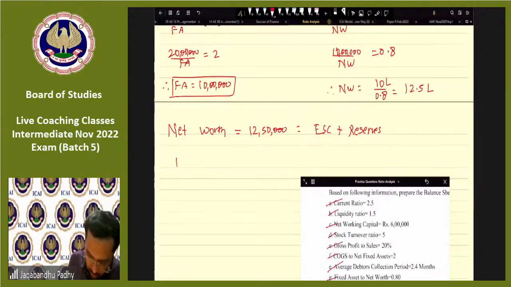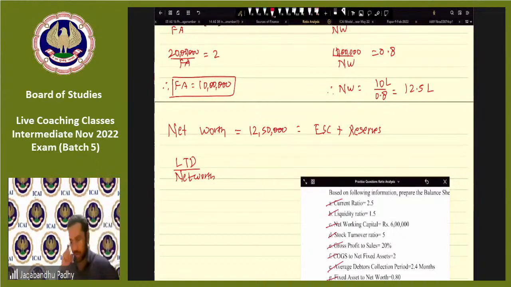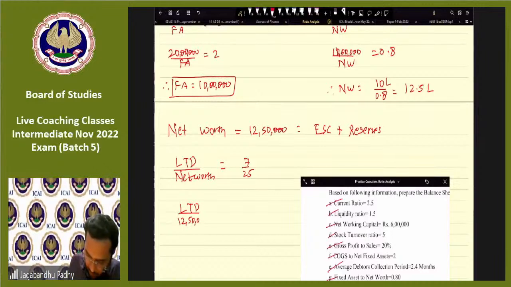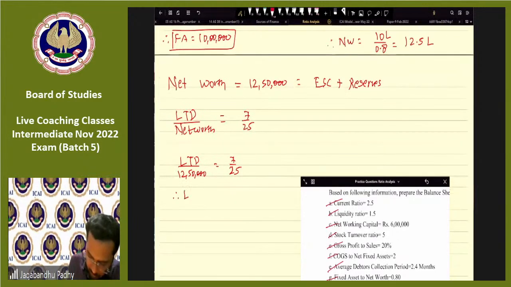Next ratio is long-term debt upon net worth, basically. That's given as 7 by 25. So long-term debt upon 12,50,000 is equal to 7 by 25. Therefore, long-term debt is 7 by 25 into 12,50,000. So we can say that long-term debt is 7 into 12,50,000.